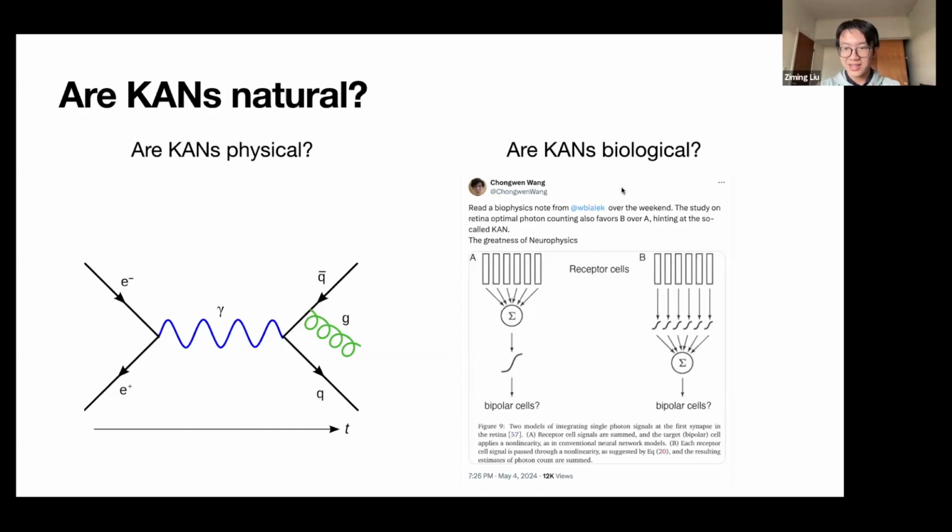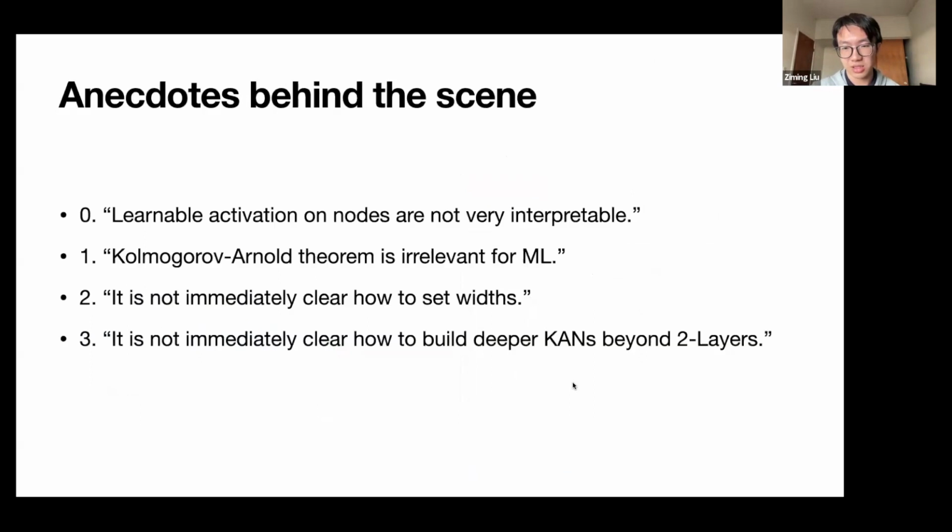But indeed, there are cells in our human retina which actually behave more like KANs, which apply nonlinear activation first, and then do summation. Well, there are also some anecdotes behind the scene, like how we went about developing the idea.